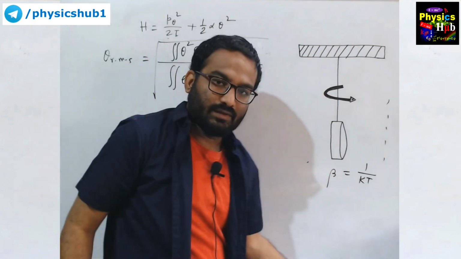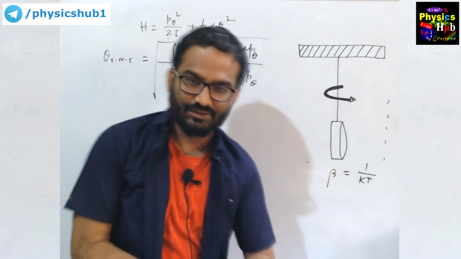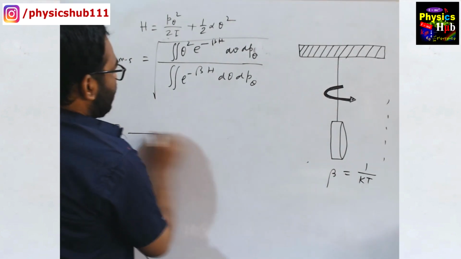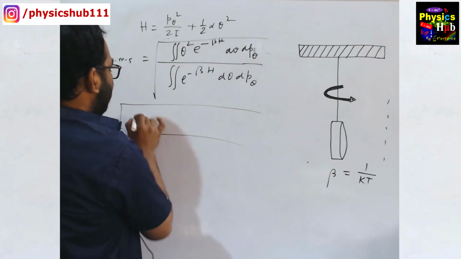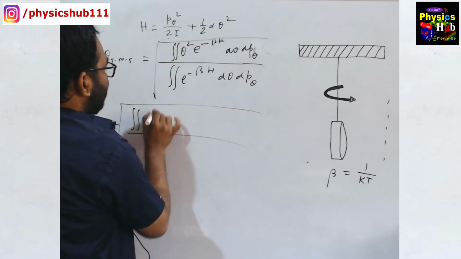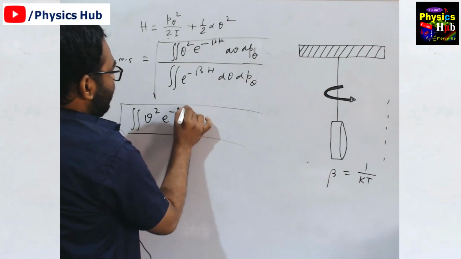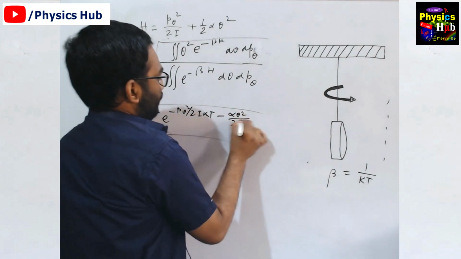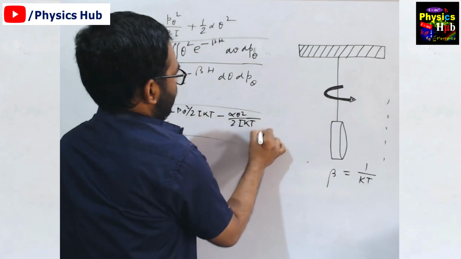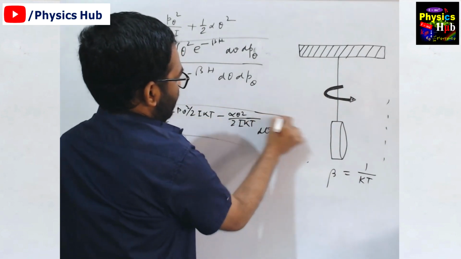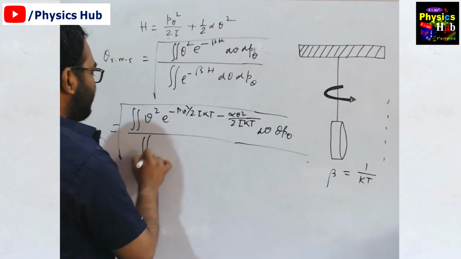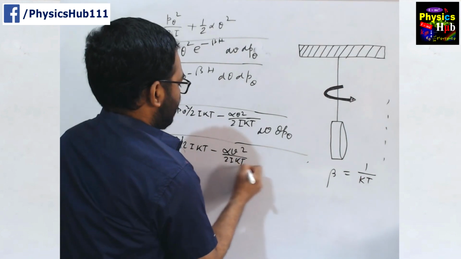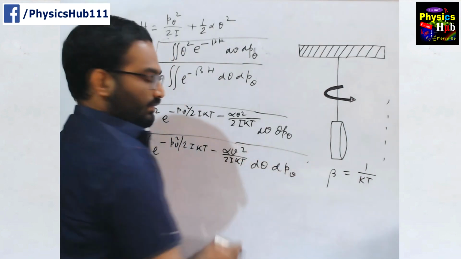Now let me tell you one integration that will be used here. You can write it in this way: root over the double integration of theta squared e to the power minus p theta squared by 2I kT minus alpha theta squared by 2kT d theta dp theta, divided by the similar denominator.